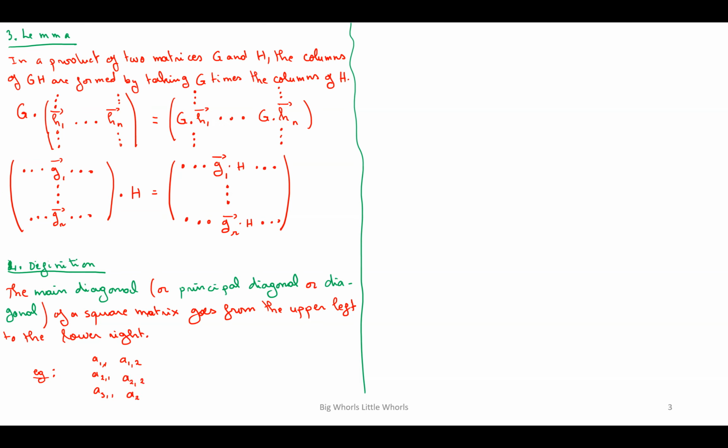So the diagonal, or the main diagonal, or the principal diagonal, is a11, a22 and a33. That's the diagonal.